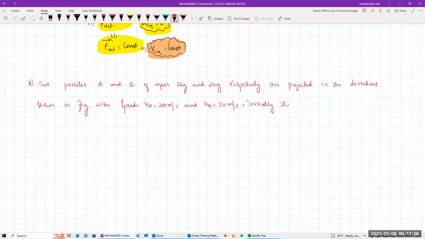Initially, they were 90 meters apart. Find the maximum height attained by the center of mass of the particle.